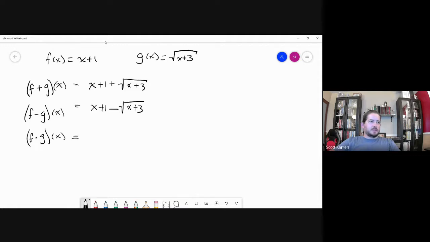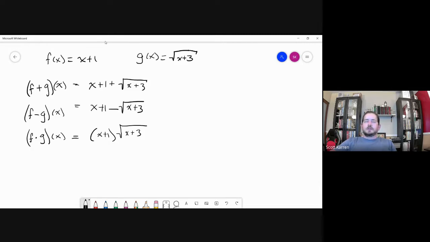So I would write it like this, in parentheses, x plus 1 multiplied by the square root of x plus 3. Right? And you could distribute the square root of x plus 3 through that binomial of x plus 1, but I wouldn't bother.